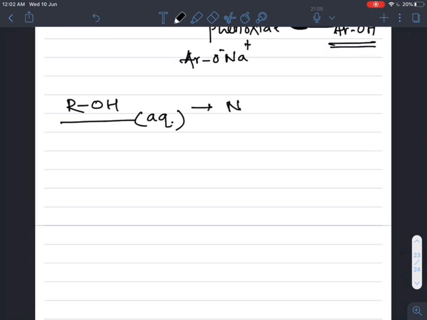The breakdown of this OH group does not take place easily, and it does not form H plus ions easily, so it is not acidic in nature like phenol.